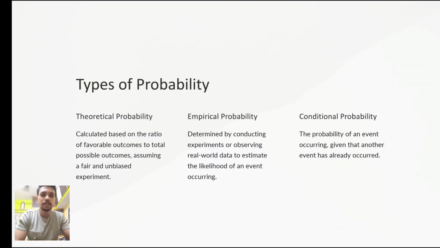The next one is empirical probability, determined by conducting experiments or observing real world data to estimate the likelihood of an event occurring. Next one is the conditional probability, the probability of an event occurring given that another event has already occurred.